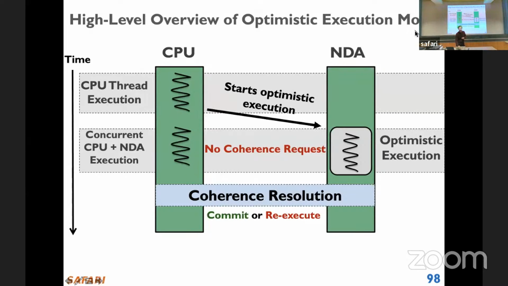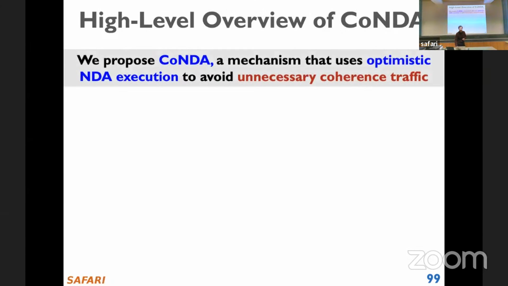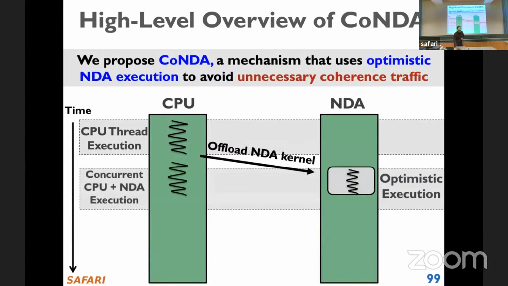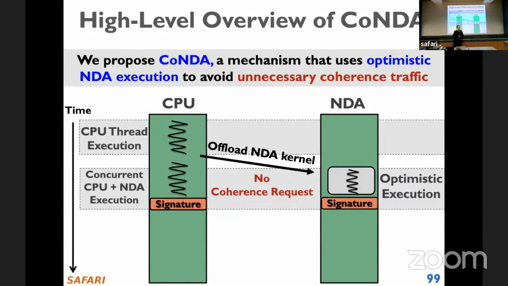Our goal was to actually integrate NDA with any CPU, without any CPU support. So the CPU never needs to roll back. Okay, so that's the idea, basically. I will go into a little detail over here, but basically you have no coherence request. So how do you keep track of what you have touched?